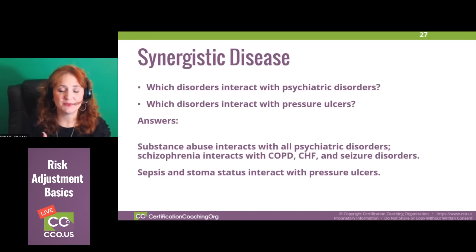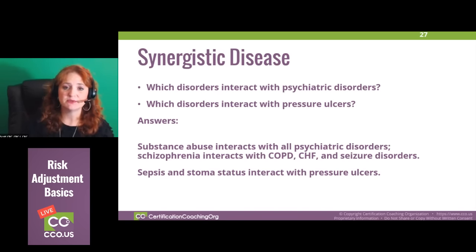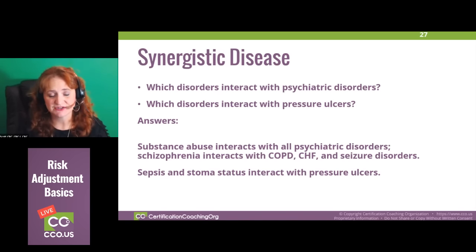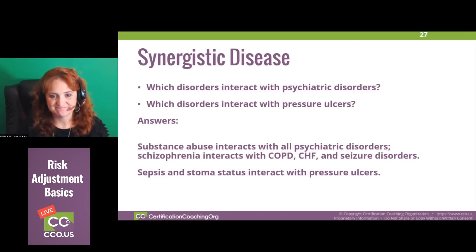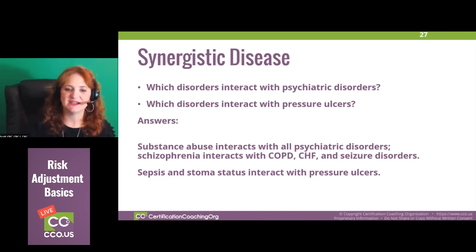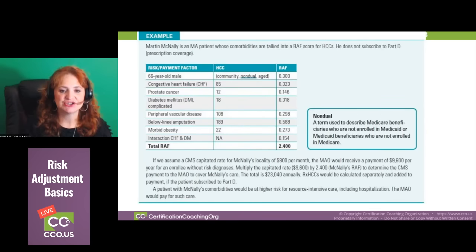So not only are you compromising your lungs with the smoke, but you're also compromising your vascular system with the nicotine. Same thing with seizure disorders. You have to understand the disease process and the comorbidities and how they work together. Sepsis of a stoma will definitely interact with pressure ulcers, right? So again, understanding that is so important.